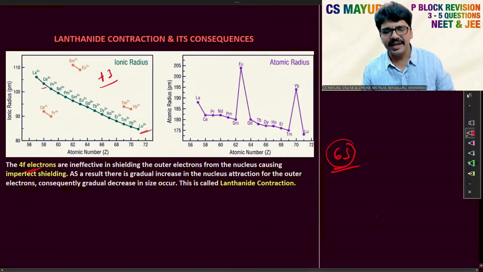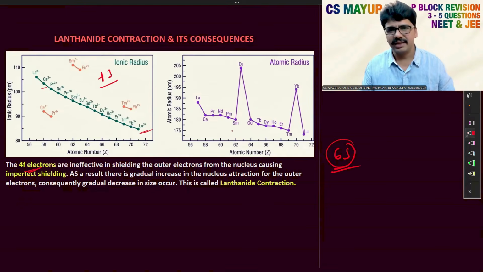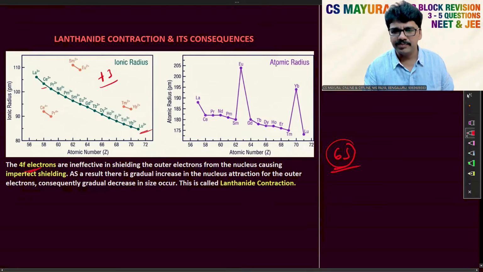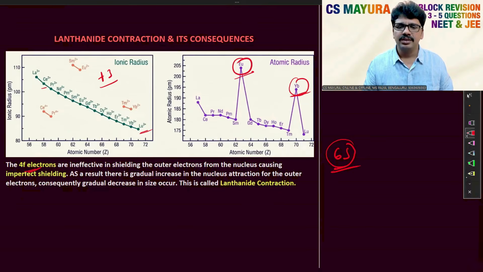But when we come to their elements, the decrease in atomic size is not continuous. There is no gradual decrease in the atomic size in lanthanides. There is a sudden rise, an abnormal atomic size, at europium and at ytterbium.